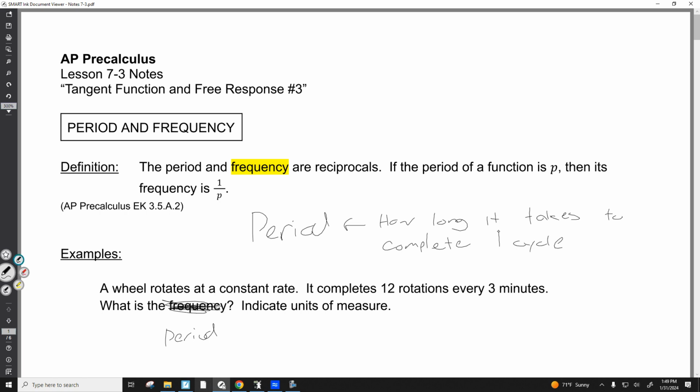Period equals how long it takes to complete one cycle.